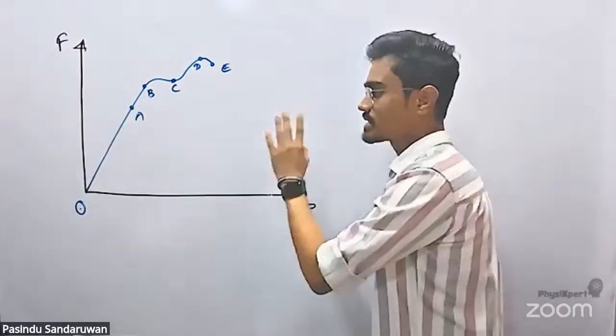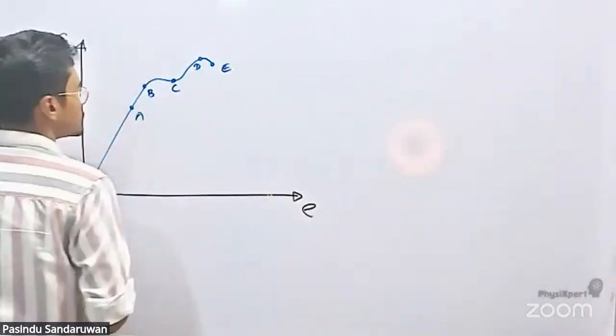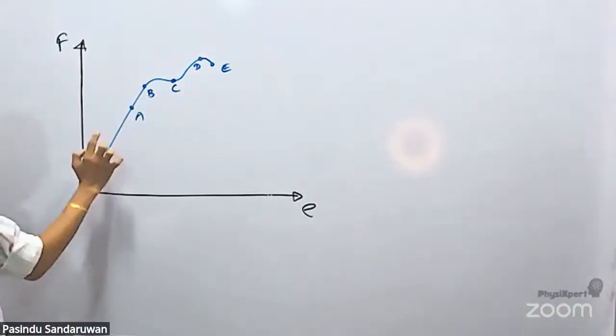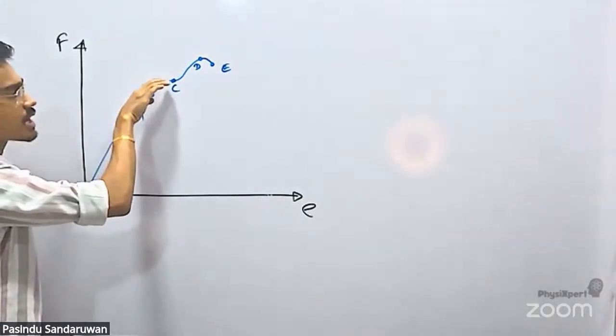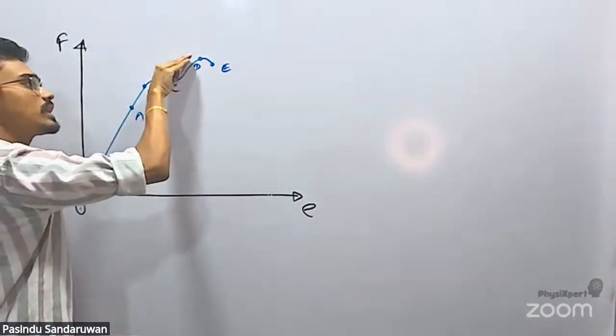First take this down and have the exact shape: from O to B it is linear, and at B it deviates down and goes this way and comes to here.